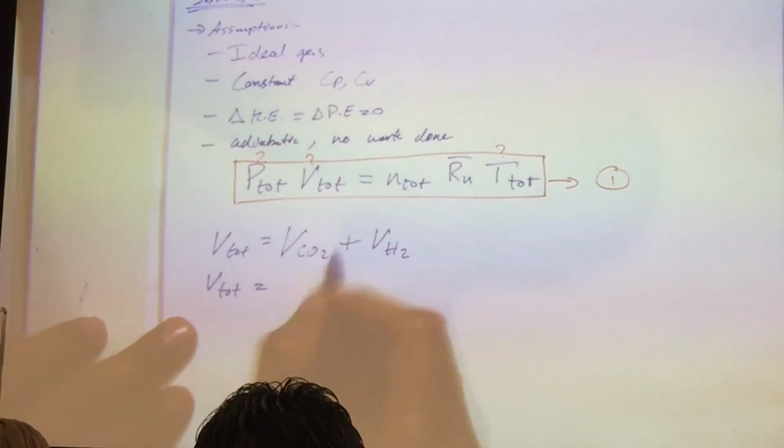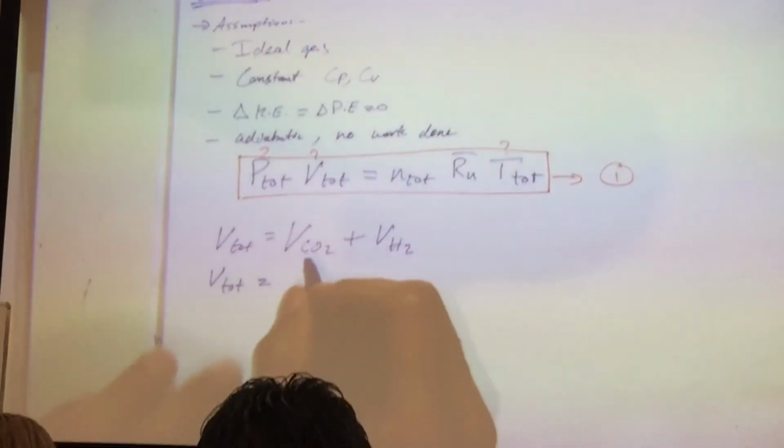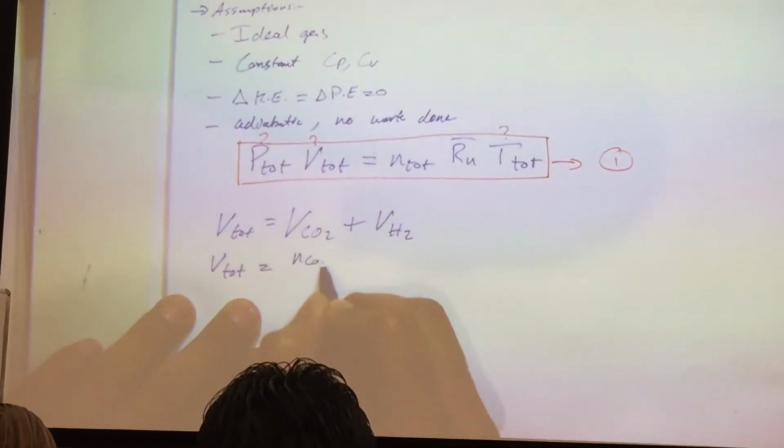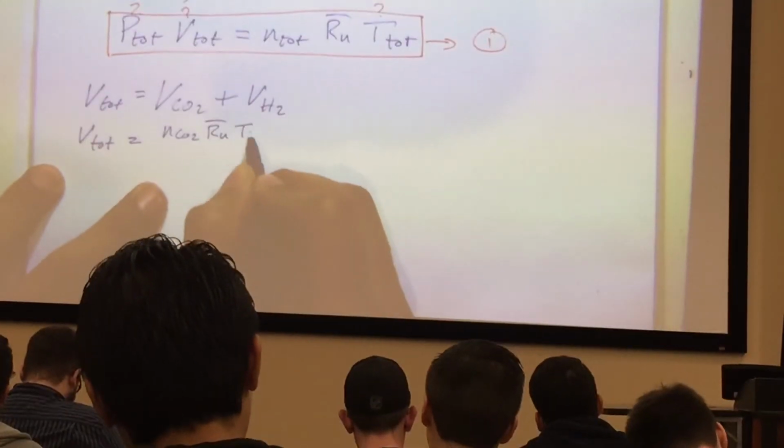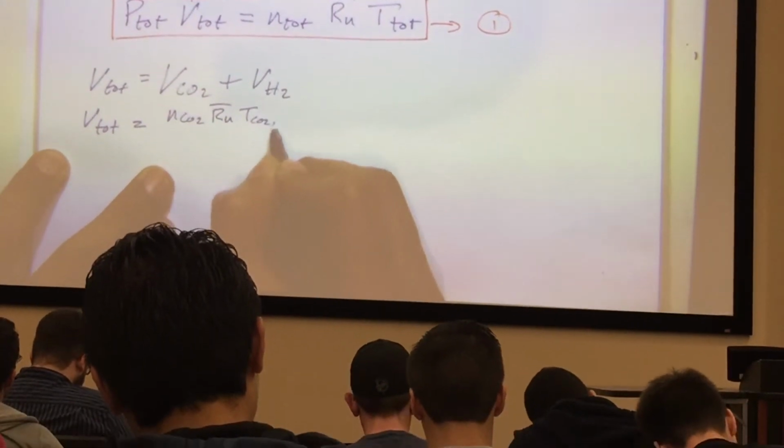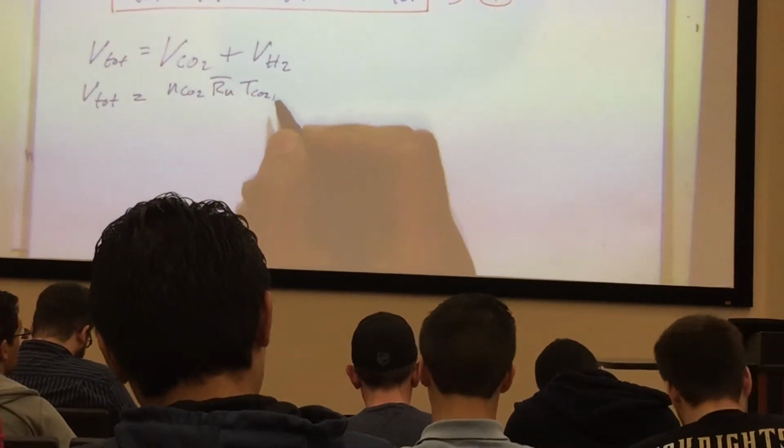Okay, V total, use ideal gas law. Well, it's the same principle. I will say N CO2 of my universal gas constant multiplied by T of CO2 at what stage? It was an initial stage.